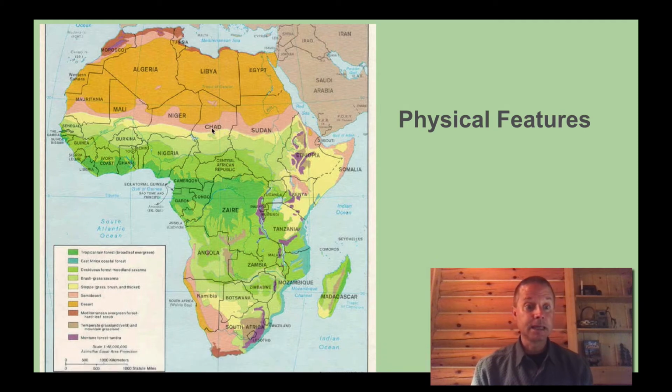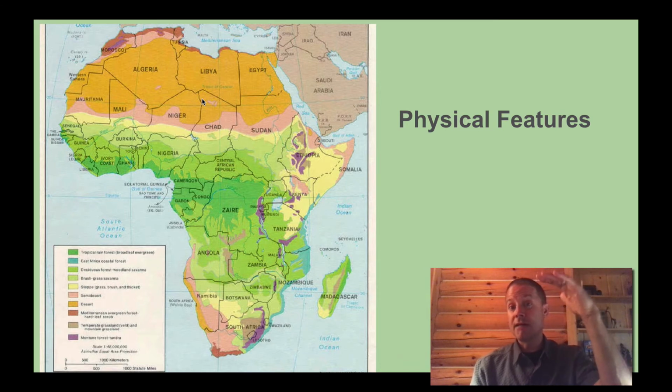The pink is an area called the Sahel, which is almost desert, but you can maybe grow some crops there. And same with this yellow band. So that's the main thing I want you to get out of this: the Sahara Desert is up here in the north, and it separates northern Africa from southern Africa. And southern Africa is usually called sub-Saharan, as in below the Sahara Desert.